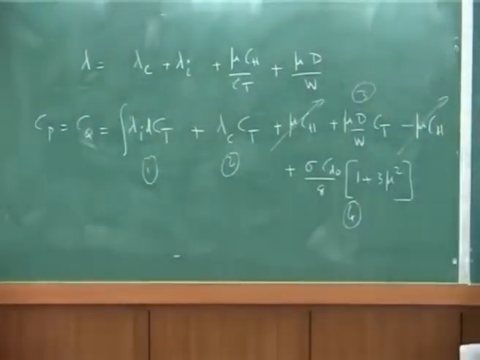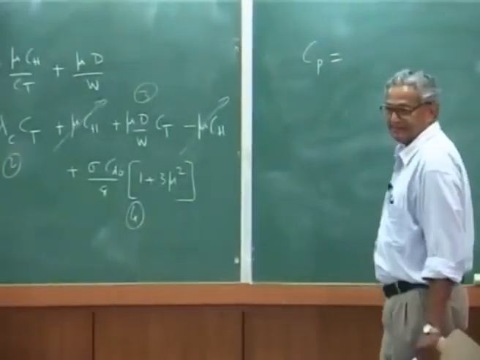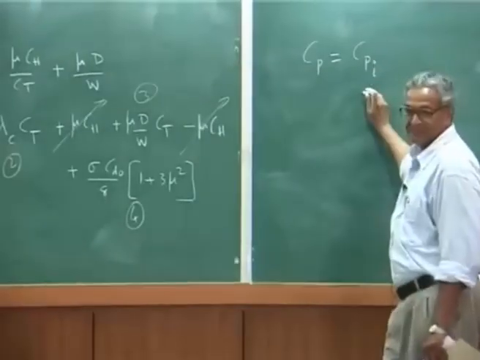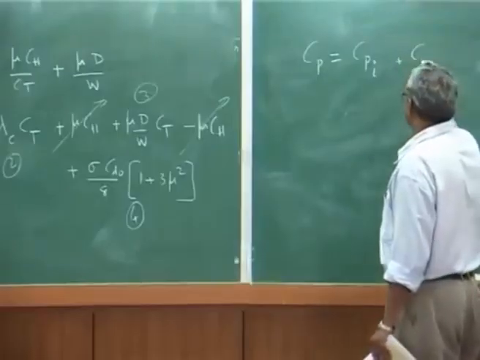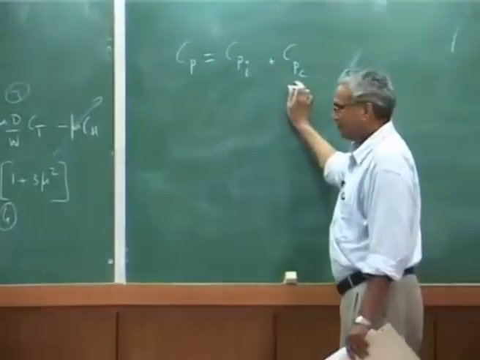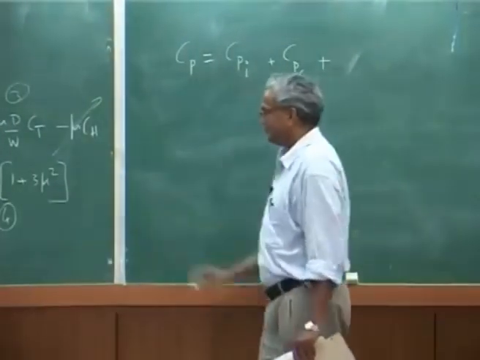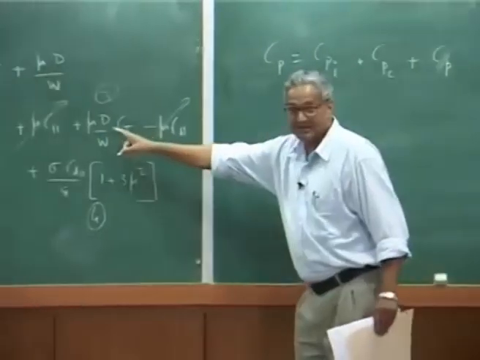So, I call my power, now I write everything in power expression. Power is Cp induced, power due to induced, then Cp climb, power for climb, and then plus this term I write 4th term which is Cp, this is due to the drag of the helicopter.